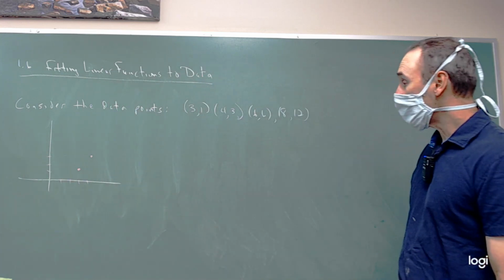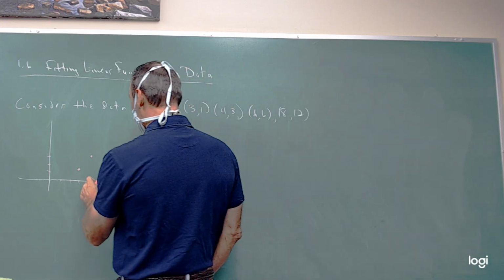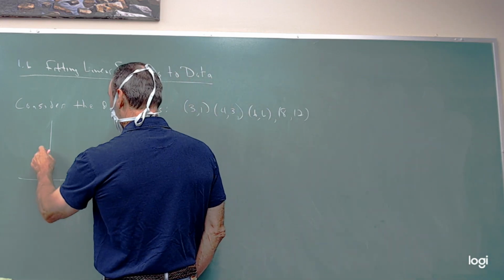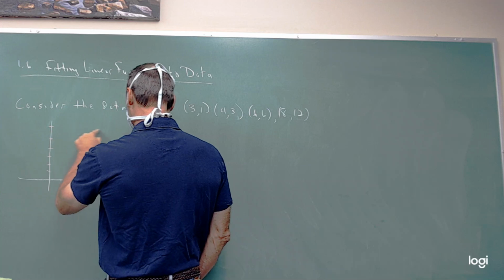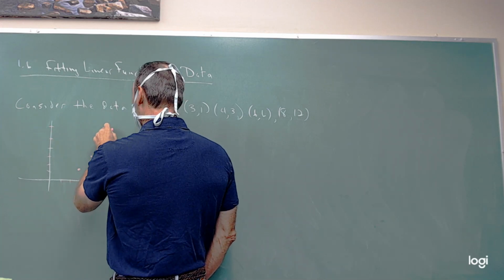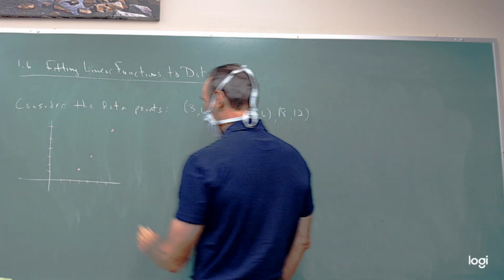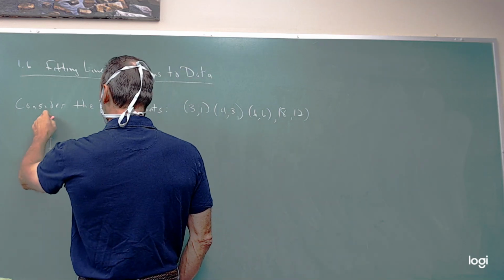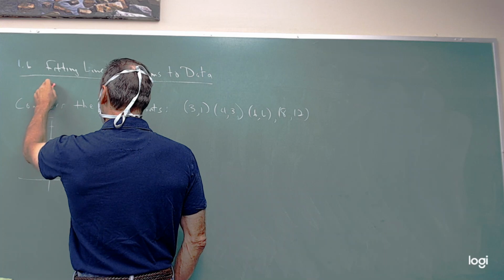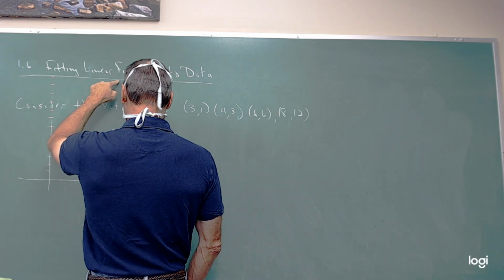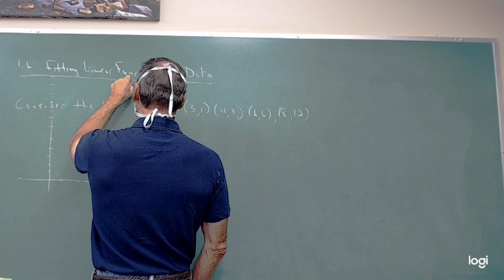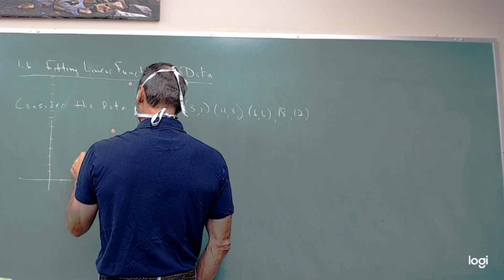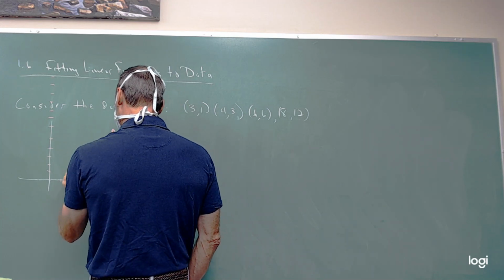That will help our cause. 6, 6, 5, 6, 3, 4, 5, 6, somewhere over there. And 8, 12, 7, 8, 6, 7, 8, 9, 10, 11, 12. We'll be over here. So something like this.